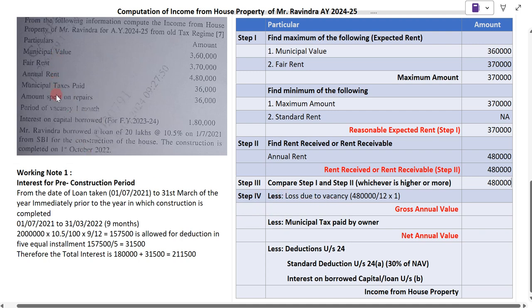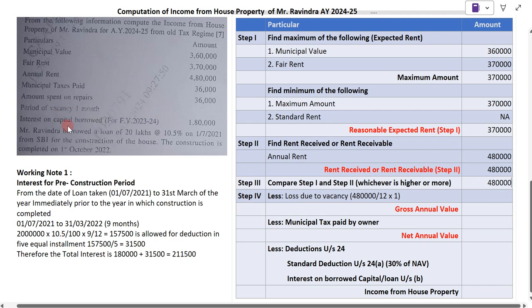Now see, in the question there is a period of vacancy, that is, for 1 month the house was vacant. The amount spent on repairs is not to be considered for this calculation of income from house property, so leave it. Now, loss due to vacancy: the house property was vacant for 1 month.